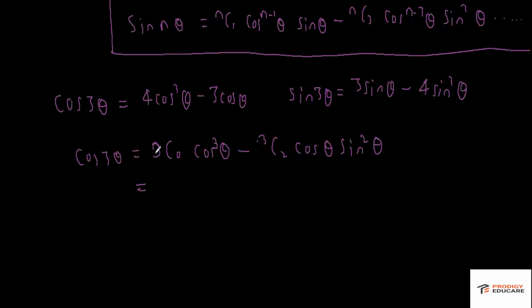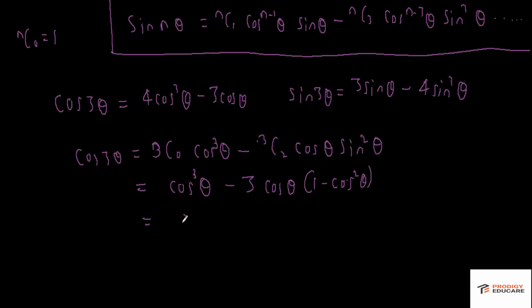Now what is nC0? nC0, whatever be n, is always 1. So in this case, it is cos cube theta minus 3C2, and 3C2 is nothing but 3, times cos theta. Now I want everything in cos, so this sin square theta will convert into cos square theta, so I can write 1 minus cos square theta.